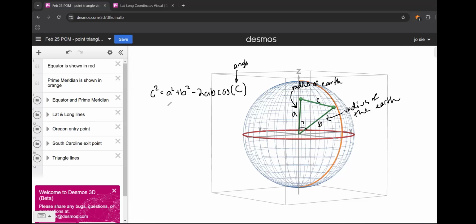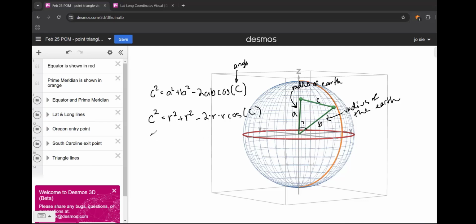So that simplifies things a little bit. The distance here is going to be equal to, and I'm just going to use r for the radius of the Earth, r squared plus r squared minus 2 times r times r times cosine of that angle that we're interested in.